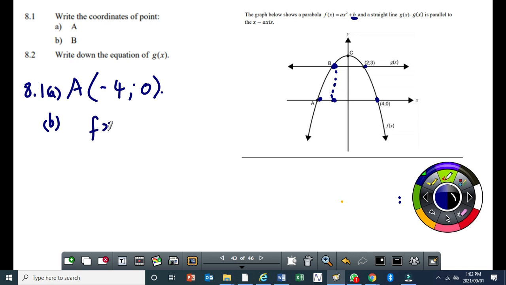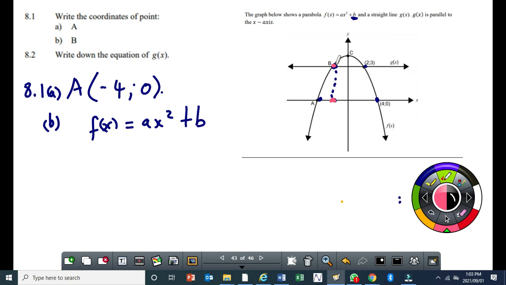So f of x is equal to ax squared plus b, right? So in that case, we may have to find the equation, because there is no other way that we can find the value of x here except by substituting into the quadratic function, and we need to know the equation of the quadratic function.